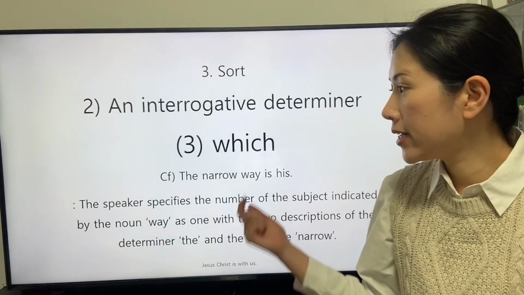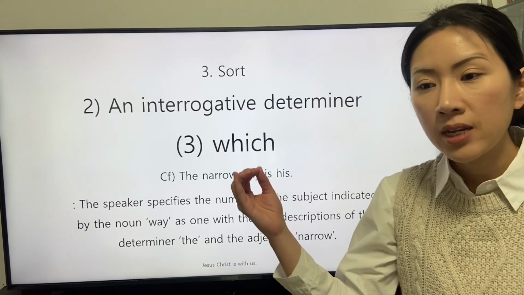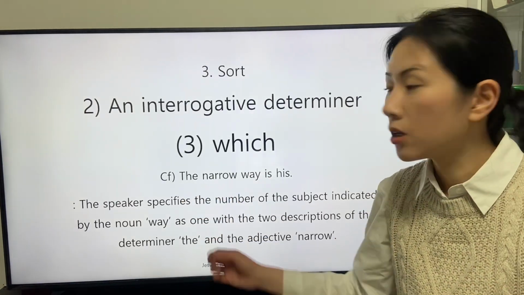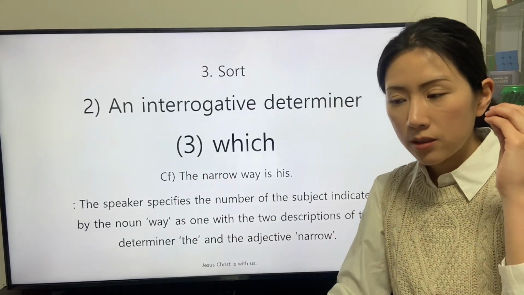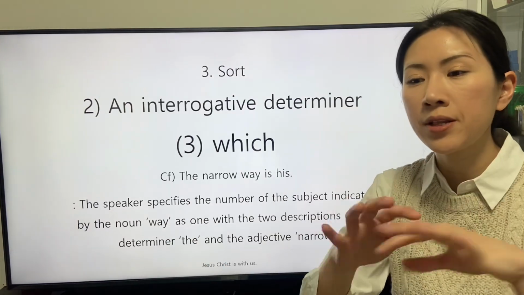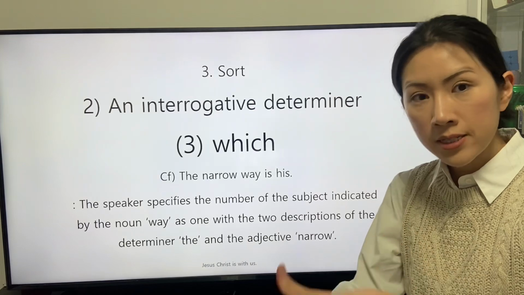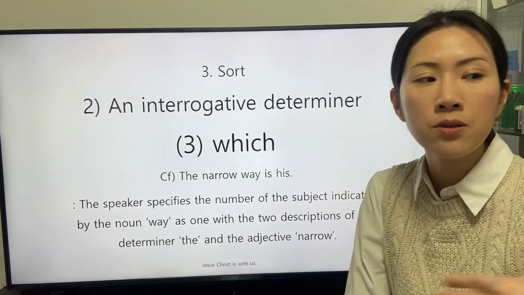The subject indicated by the general noun way is specified with the two descriptions. The determiner the, that is the definite article, reveals that the subject is identified in the conversation between the speaker and the listeners.